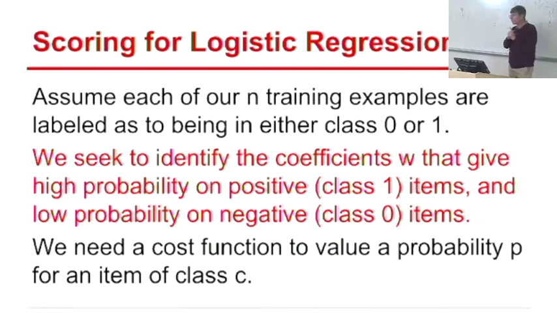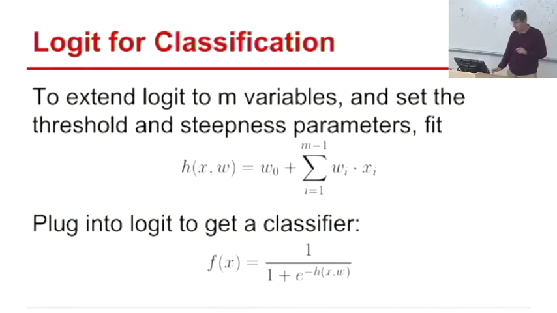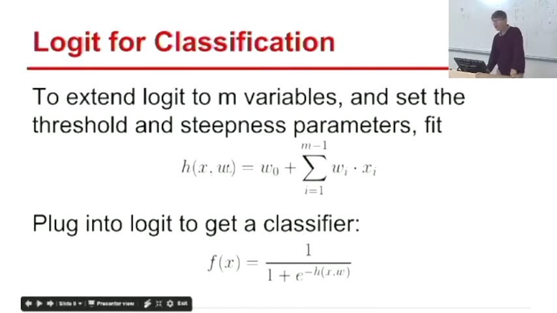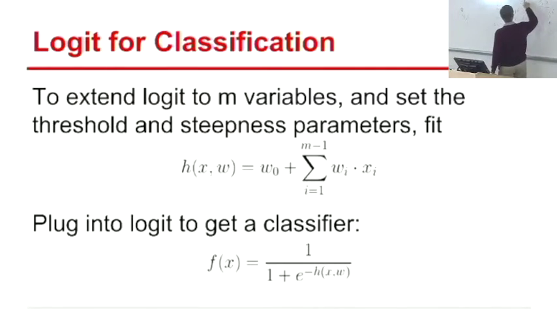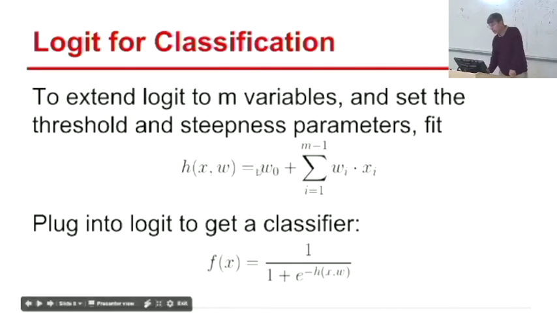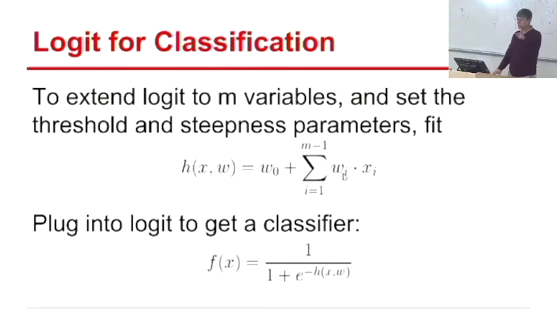Now, how can we train this thing? Does everybody agree that we are given as input a bunch of examples, okay? We're given examples of whether their class is the negative class or the positive class. And we would like to compute what W1 is, such that we identify the best possible separator.